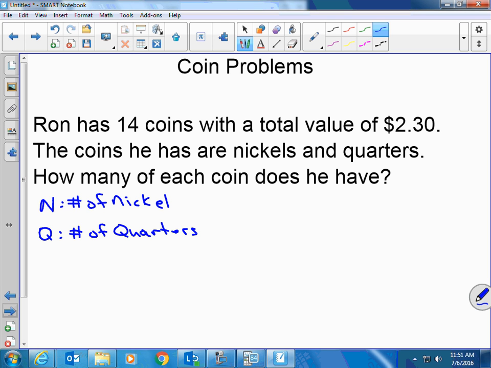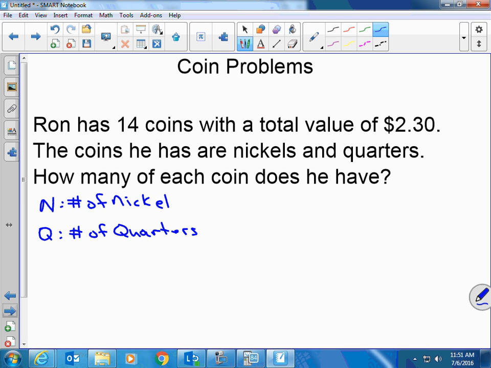I like to use the first letter of the keyword in defining my variables. N for nickel, Q for quarter, makes sense. A lot of people like to stick with X and Y always. You're welcome to do that. You can do A and B, X and Z, whatever you want. I will, if possible, use the first letter of the variable's keyword.